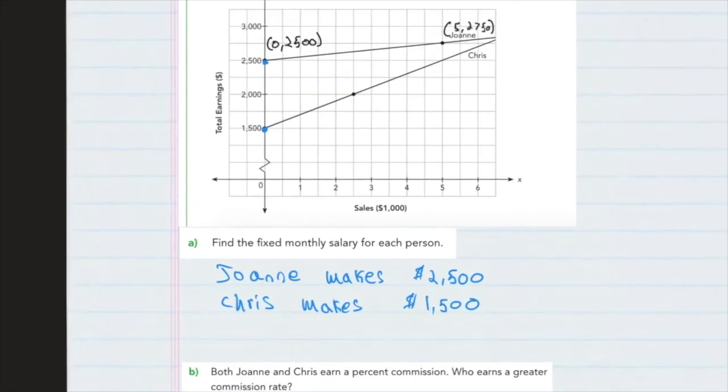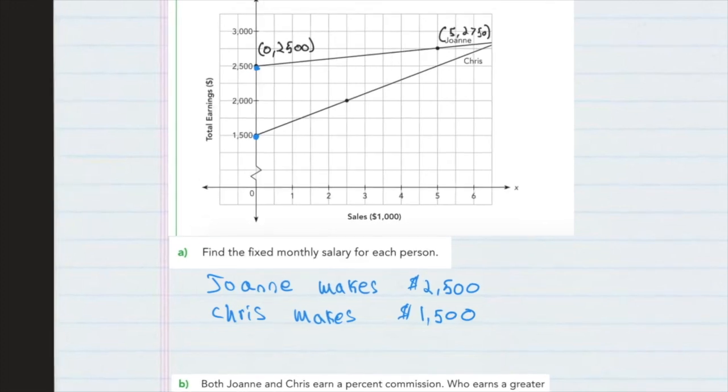And the reason I'm saying 5,000 is because the 5 is represented as thousands of dollars. So while this point is 5 on the graph, in actuality, it's 5,000 and 2,750.